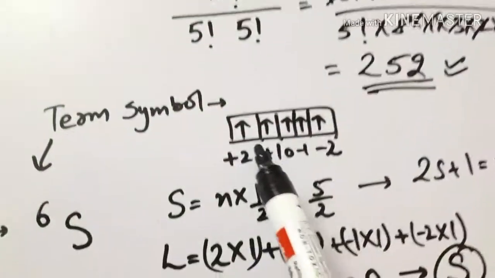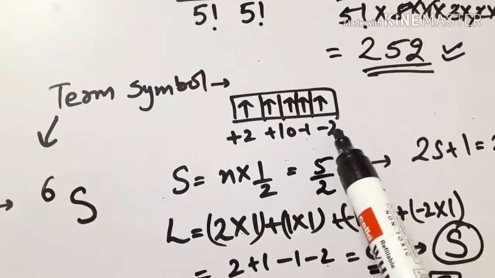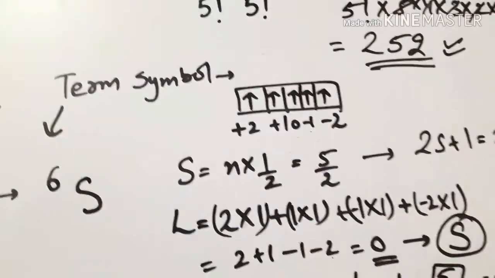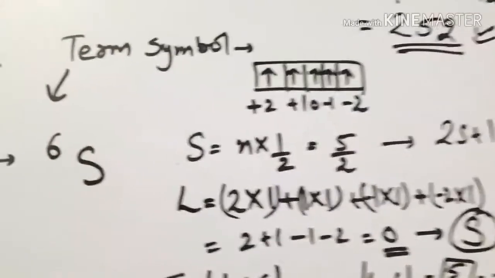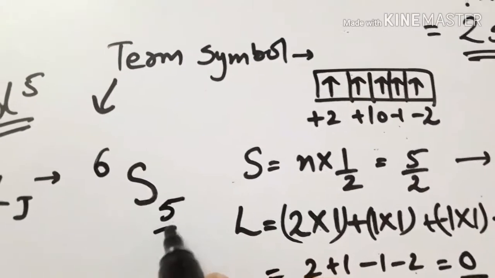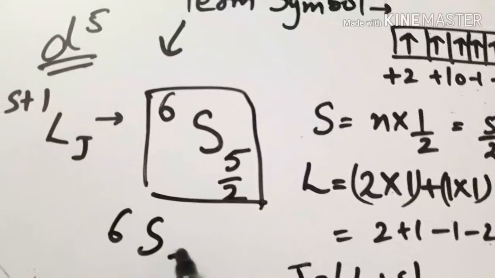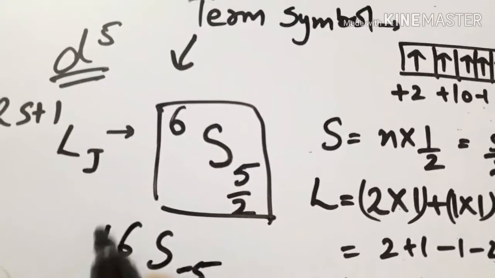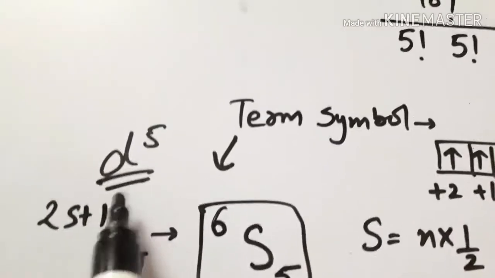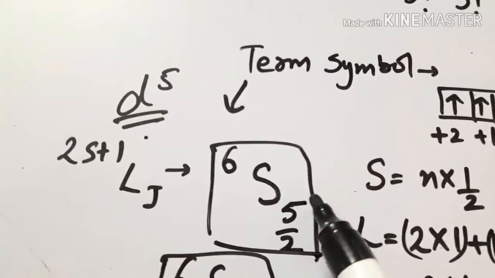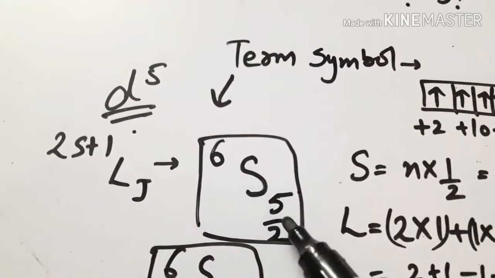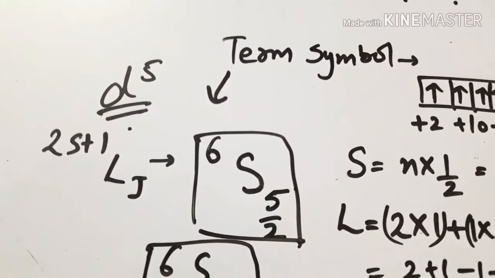Here we have the half-filled electronic configuration. So we will take both values, the 5 by 2 and minus 5 by 2. So this and this. Alright. So D5 can be represented by both these term symbols, 6S 5 by 2 or 6S minus 5 by 2.